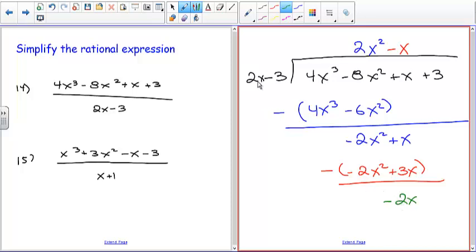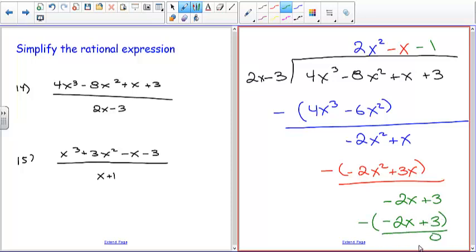What do we need to multiply 2x by to get negative 2x? And before we do that, let's bring this number down to plus 3. So we need to multiply it by negative 1. Negative 1 times 2x is negative 2x. Negative 1 times negative 3 is positive 3. We're going to subtract that. Get 0.